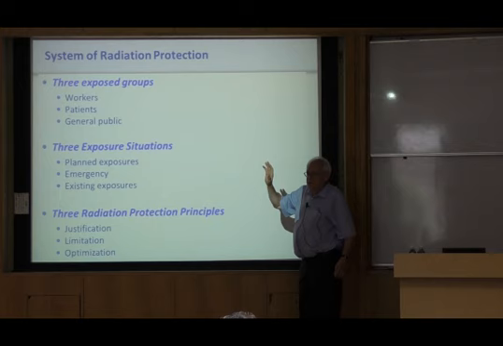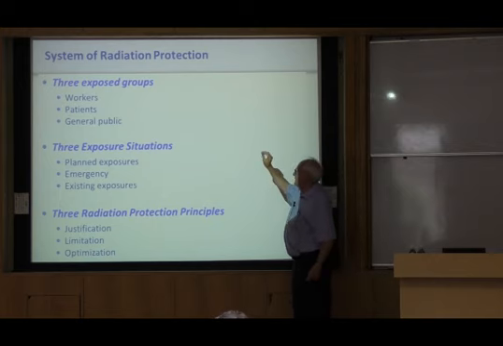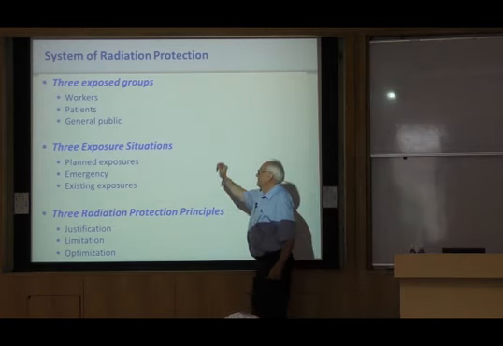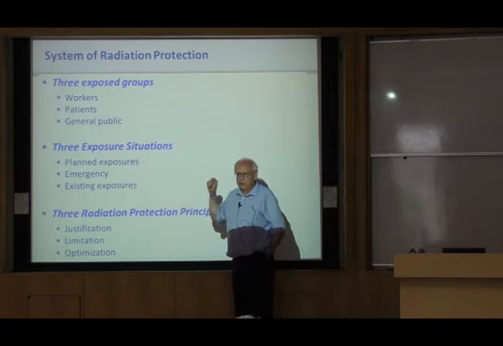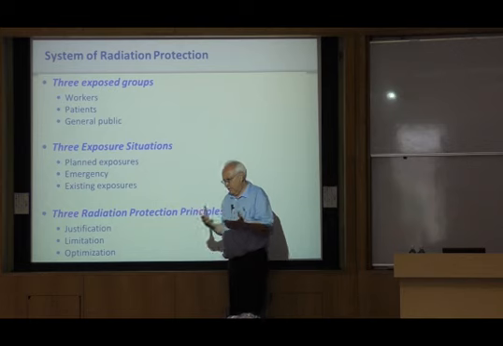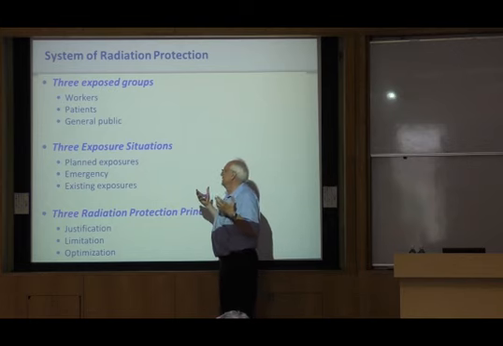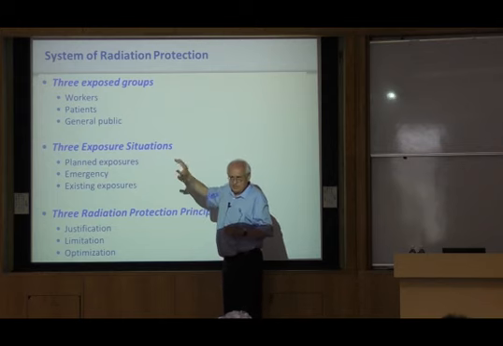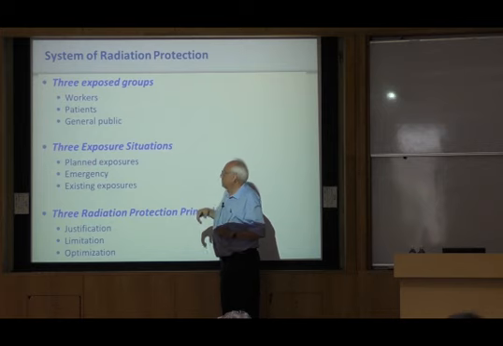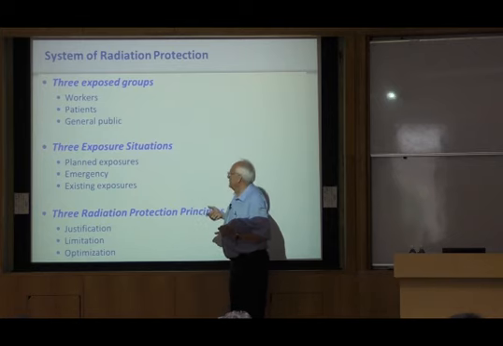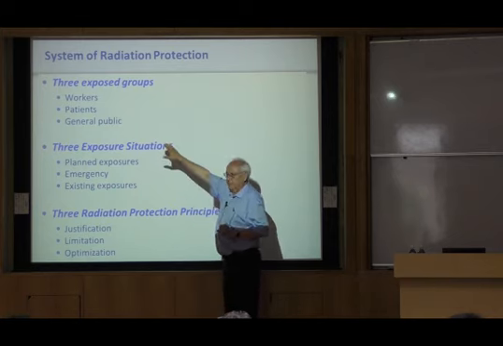First of all, we look at 3 different exposed groups. First of all, it's workers, people who work in their profession with radionuclides or with nuclear applications. Patients, this is for people who undergo diagnostic or therapeutic examinations, or the general public.